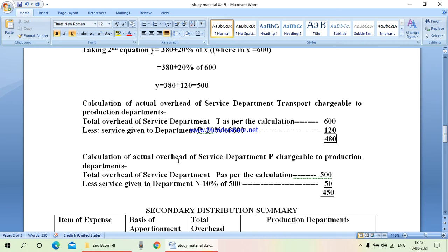Then calculation of actual overhead of service department P. P means here power, chargeable to production departments. See, total overhead of service department P as per the calculation is 500.